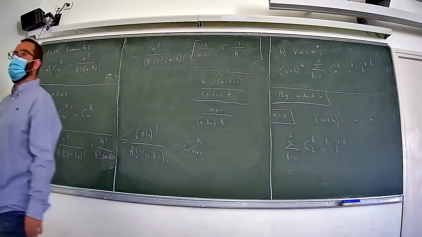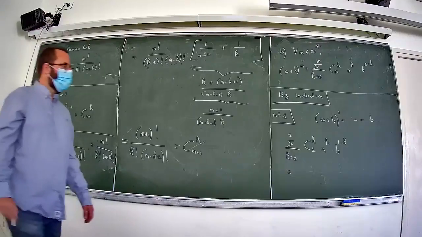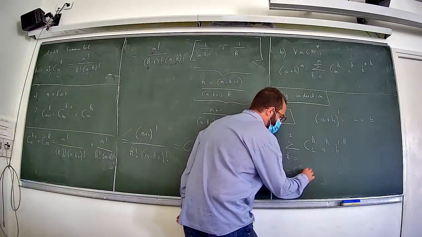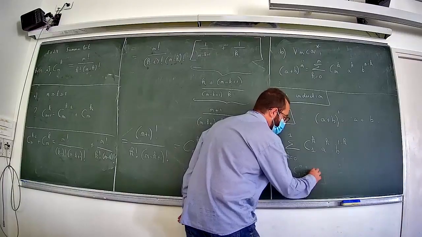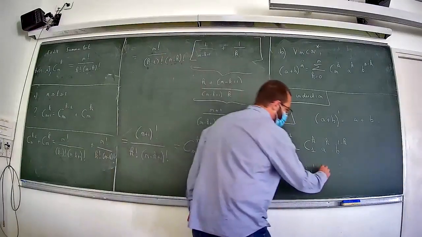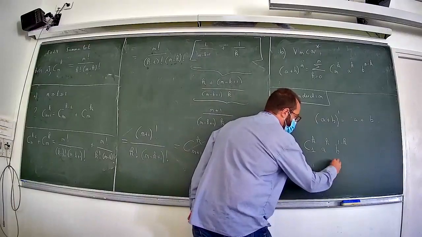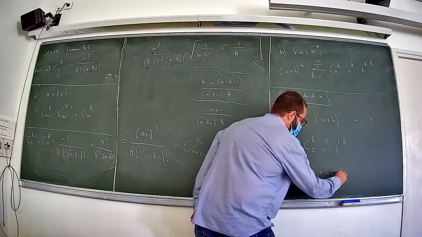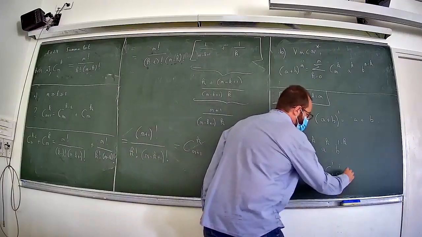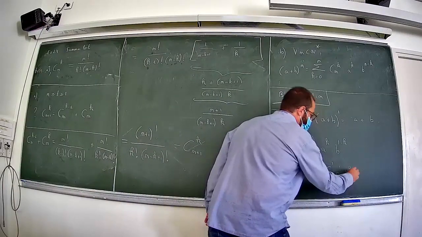I have a sum, in fact, with two terms. What are these two terms? C(1, 0) a to the power 0, b to the power 1, plus C(1, 1) a to the power 1, b to the power 0.